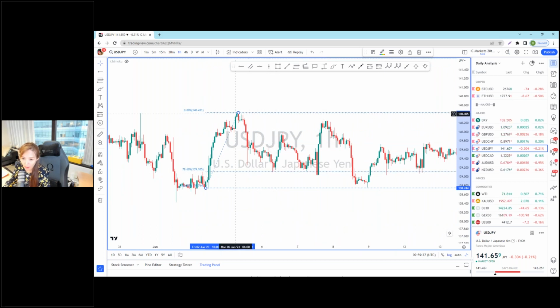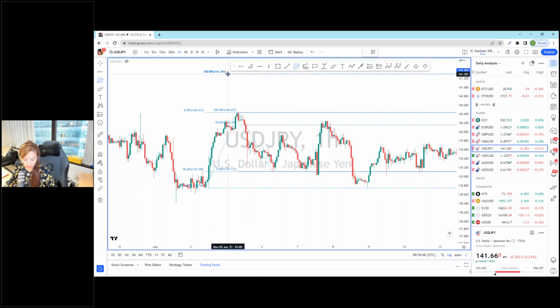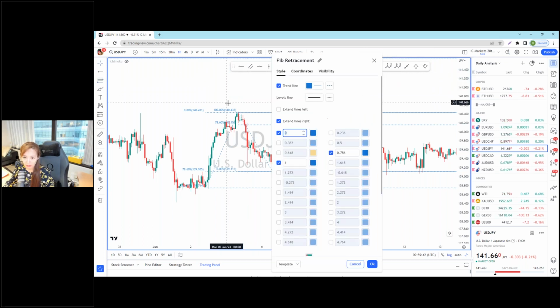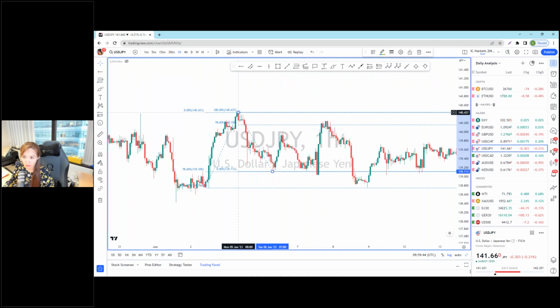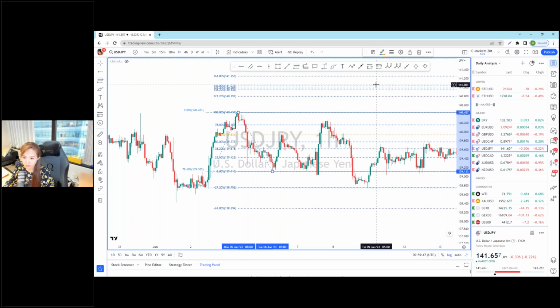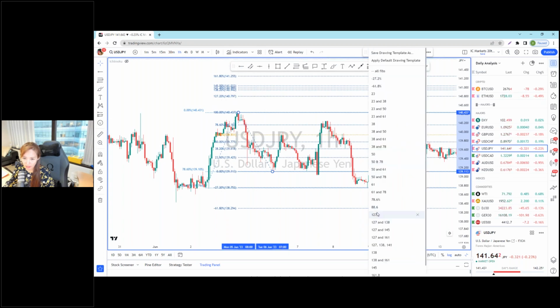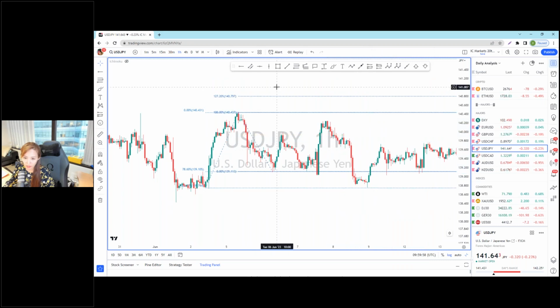Then I use another retracement from here to find my profit taking. You can show it like this; this is your extension. You want to find confluence, so you draw like this. This is your target, but you can see price is not going there, but it's okay.